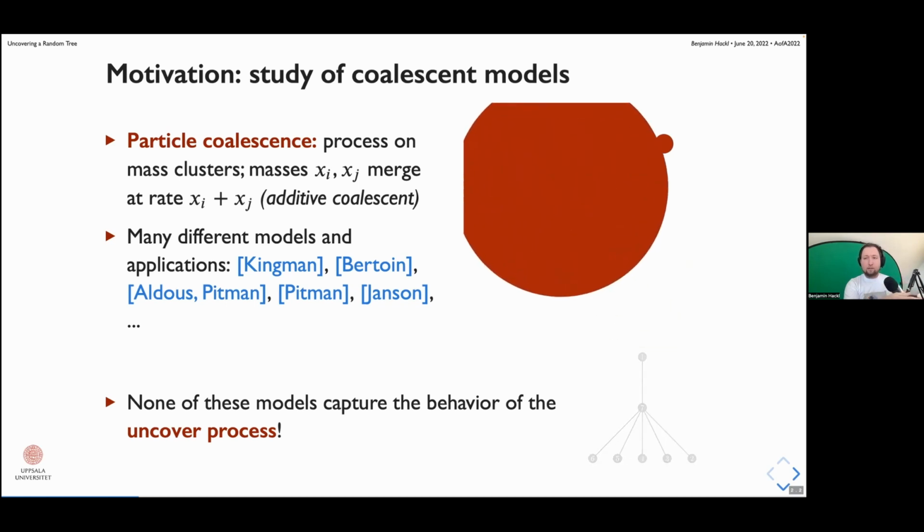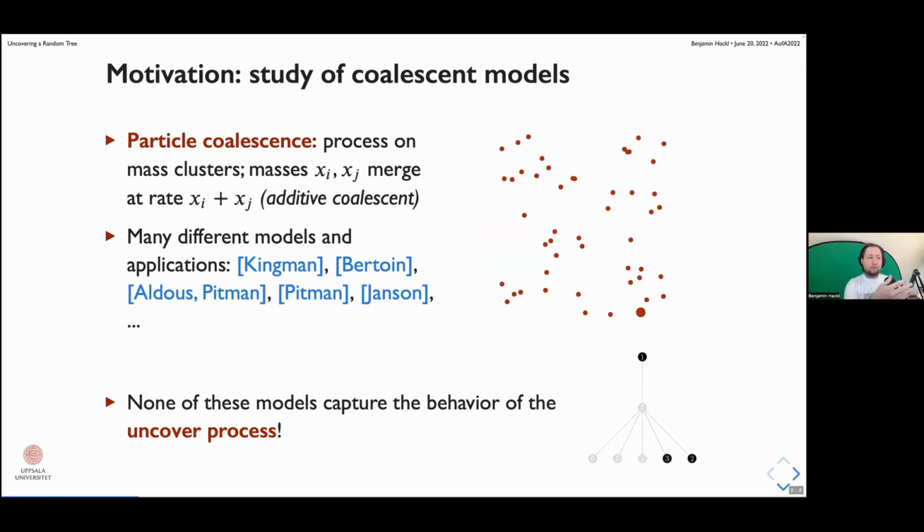You get no clusters that are merged. You just uncover step by step. And in the end, when the last vertex is uncovered, all of them get merged simultaneously. And this sort of behavior, we couldn't really see a way how to model with the existing tools. So we went on a journey and tried to see what we can say about this process.